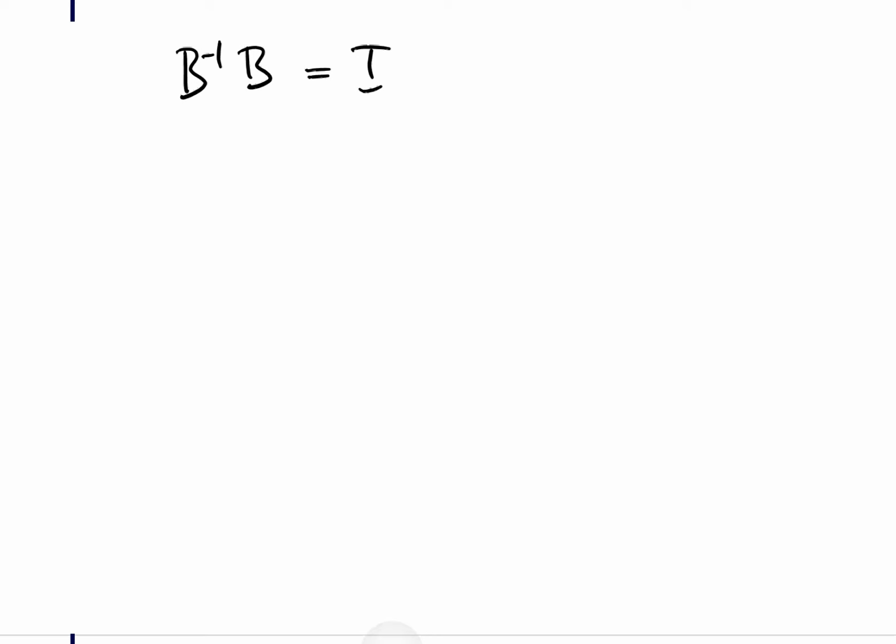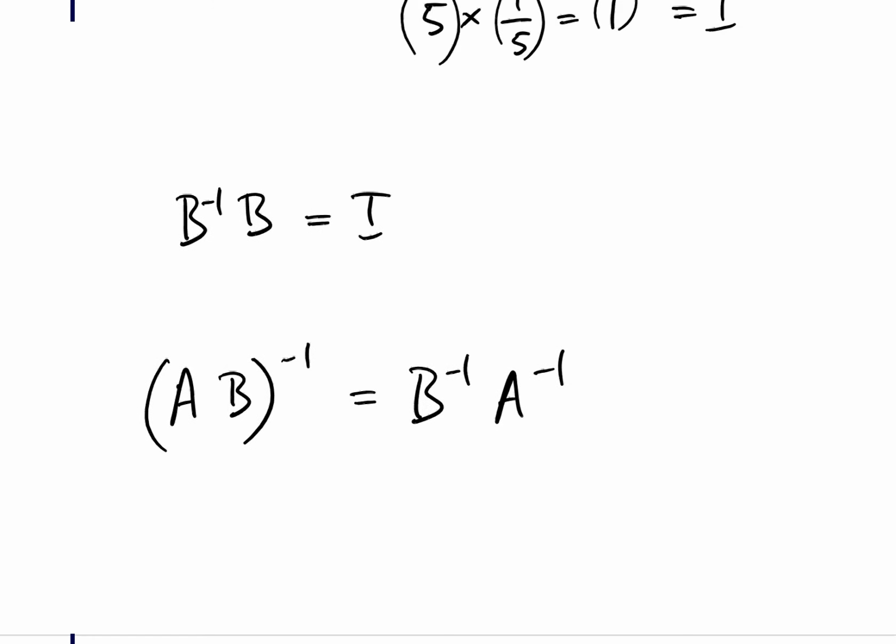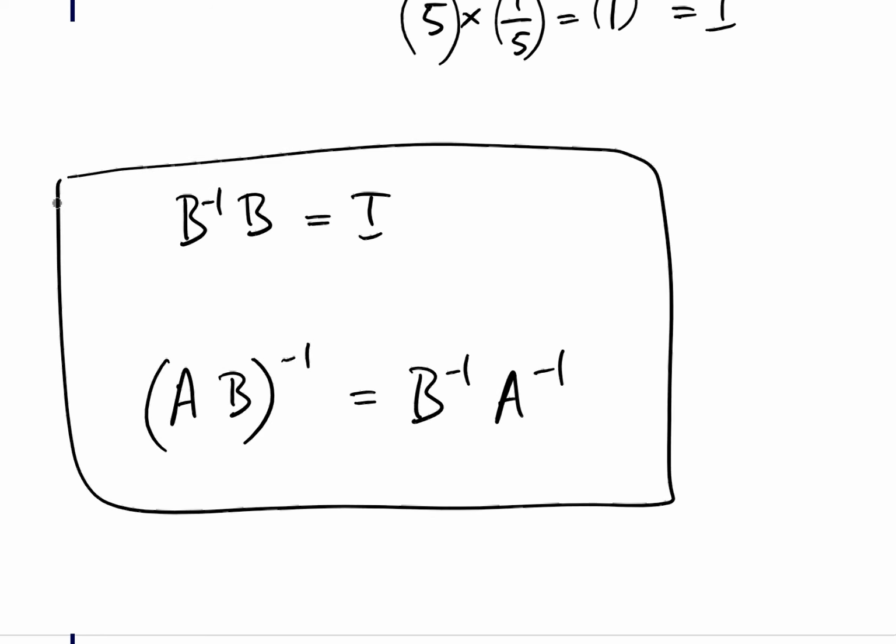Another useful property is, say we have A multiplied by B and we want to find the inverse of all of that, the resulting matrix of AB, then we can do it as just finding the inverse of B multiplied by the inverse of A. So in other words, we flip these two and find the inverse of each of those, and then multiply them together. So these are your two crucial ideas to do with division of matrices. Really, it's multiplying by the inverse.